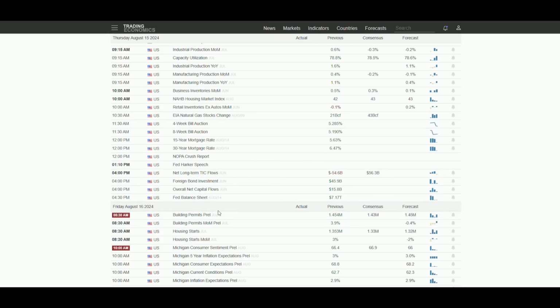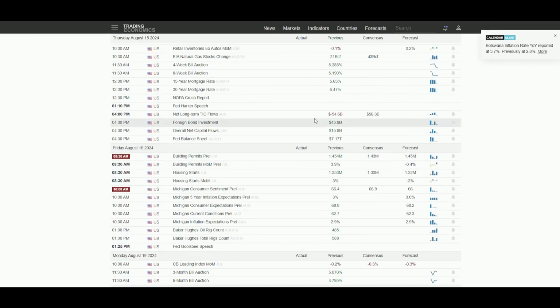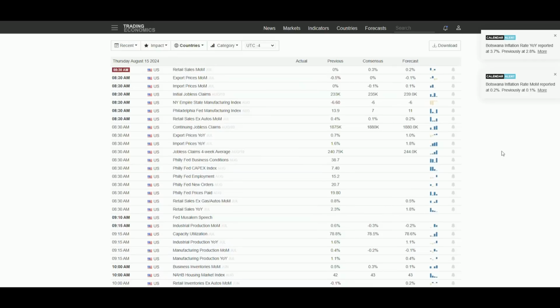Building permits, not that big of a deal because as the Fed cuts rates, demand for more housing will rise again as mortgage rates decline. Michigan consumer sentiment important, but today, the big number to watch is the initial jobless claims and the retail sales.